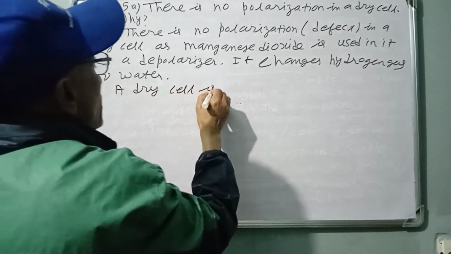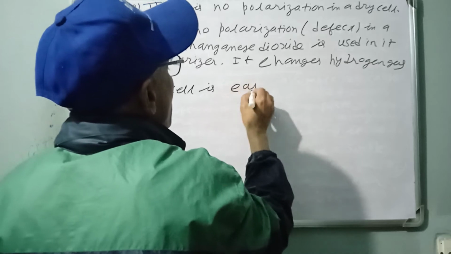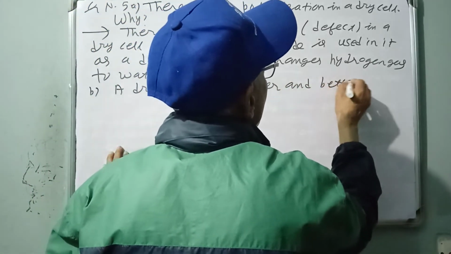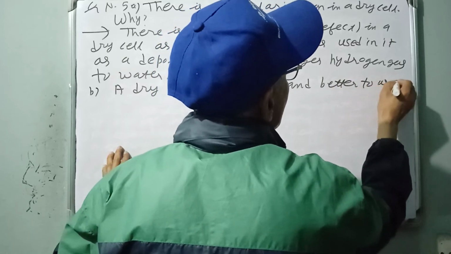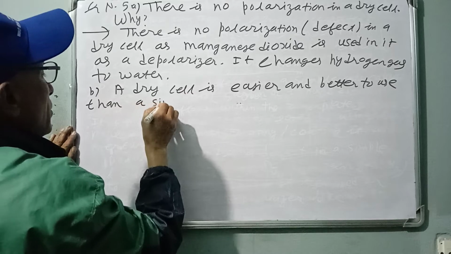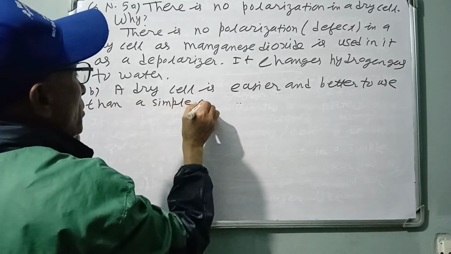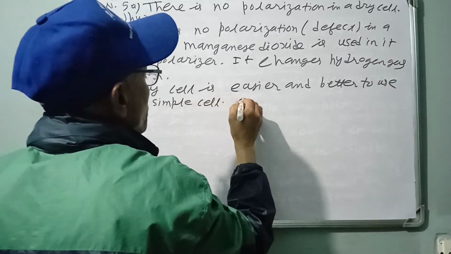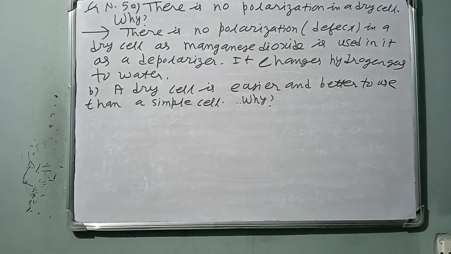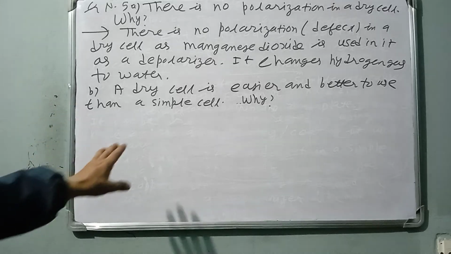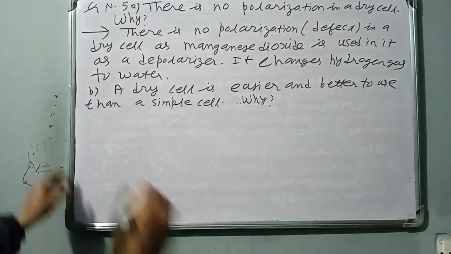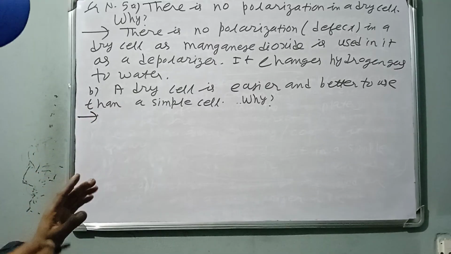A dry cell is easier and better to use than a simple cell. Why? Here you have to write two defects in a simple cell, and why a dry cell is better. You have to write two ways.